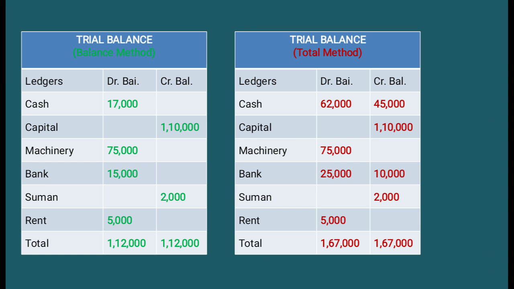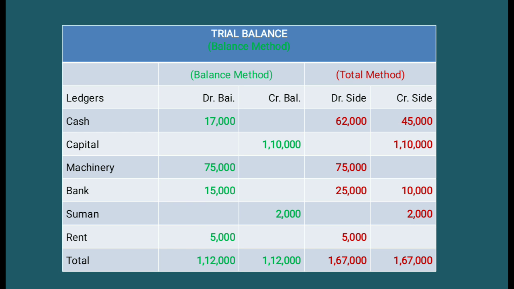Then here is the balance method, and similarly we have to prepare the total method. The total of the cash column debit side was 62,000 and the total of the credit side was 45,000. Similarly I have transferred here the total of the debit side and the total of the credit side, and at the last we have to combine them, we have to merge them, so it will be the trial balance by the balance method and total method.